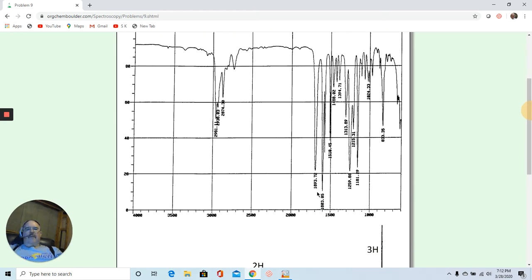We have 1693. That's a carbonyl, but it's conjugated. And then we have a peak down here at about 1600. That would possibly indicate a benzene ring.